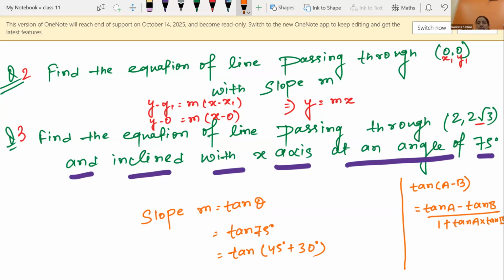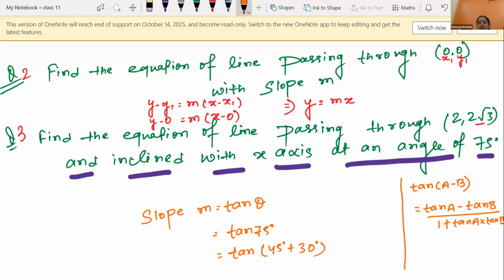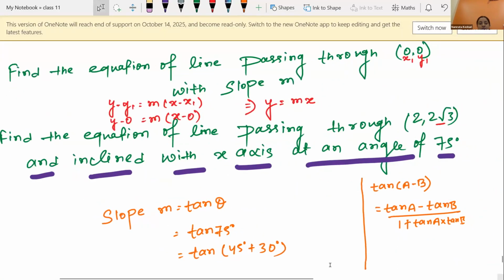Making sense to all of you? We are just trying to find the slope. The moment we have the slope in our hand, then we can use point slope form to create the equation of the line. Are you getting it? Yes, ma'am. Neha, Manvi, Mariam, Aisha, are you getting it?